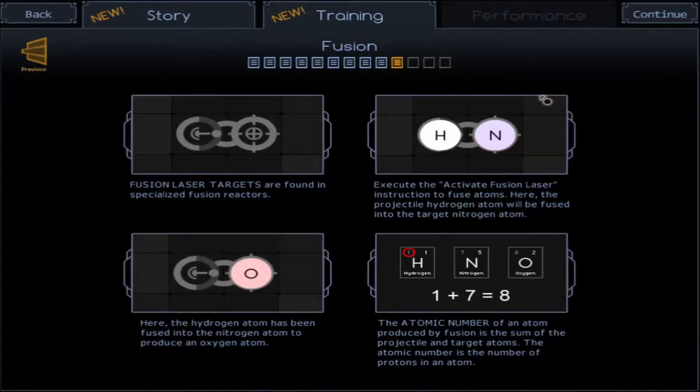Fusion lasers. So, fusion lasers are these special 2-wide tiles or targets, or I don't exactly know what to call them actually.